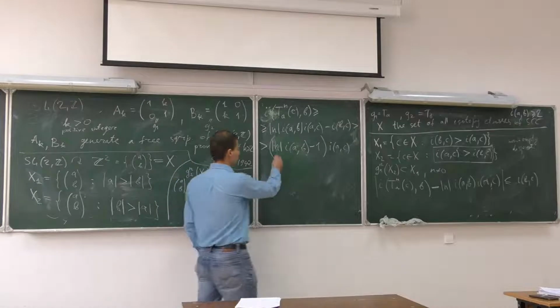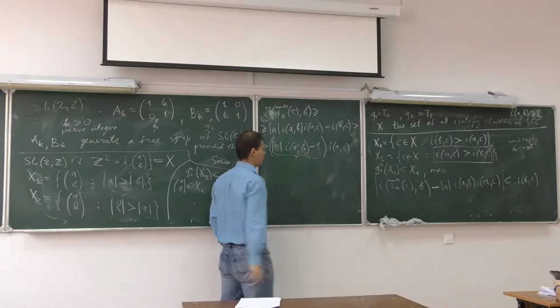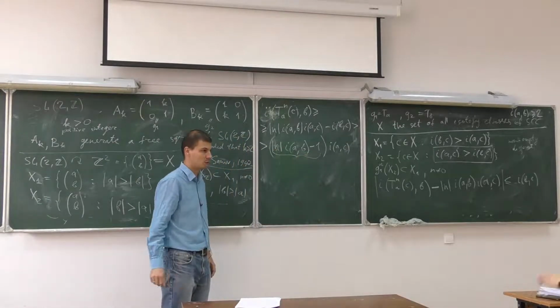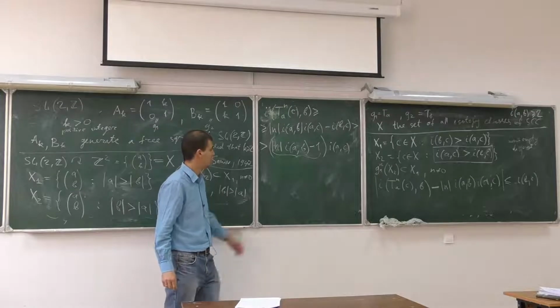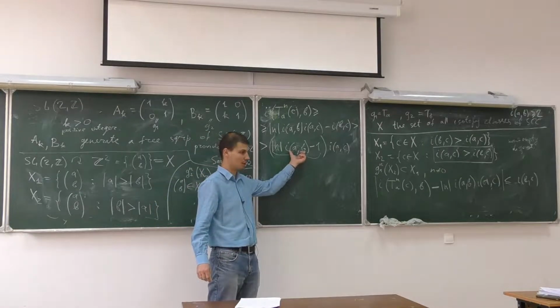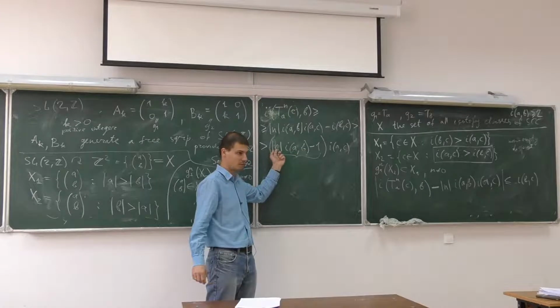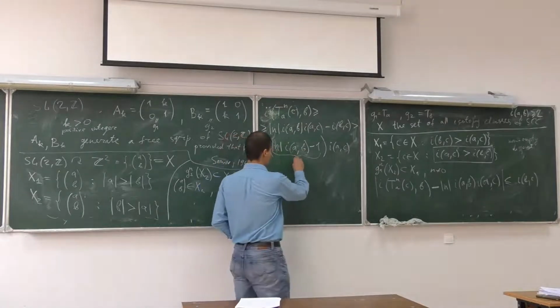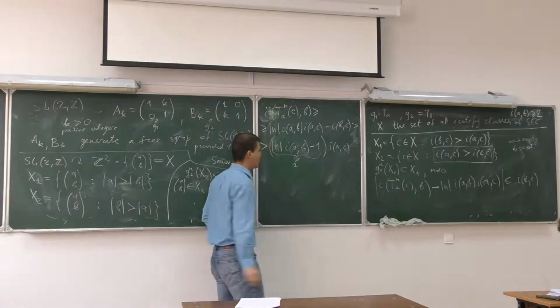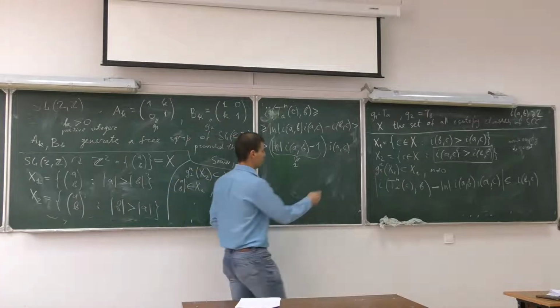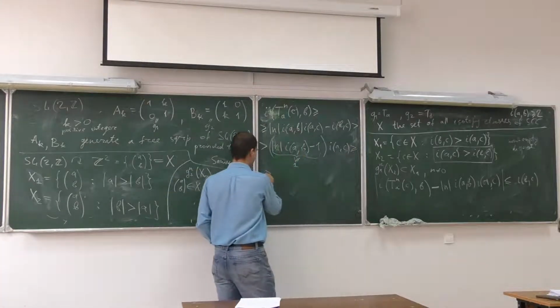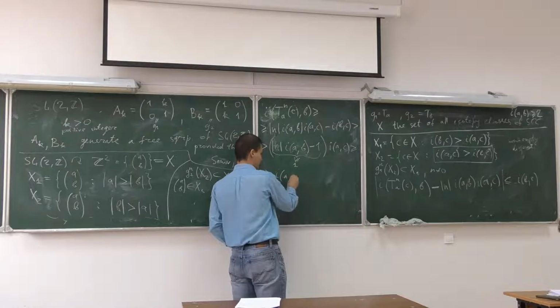But this one is at least 1, since this number is at least 2 and this number is at least 1. So this one is at least 1. And we obtain that this is greater than or equal to I of AC.